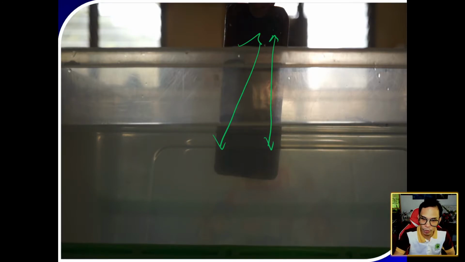Alright, so let's take a look at the other wooden block. Right here, I have a much thicker, much larger wooden block. As you can see, this wooden block also experiences the buoyant force, the same force that we experienced in the previous wooden block.